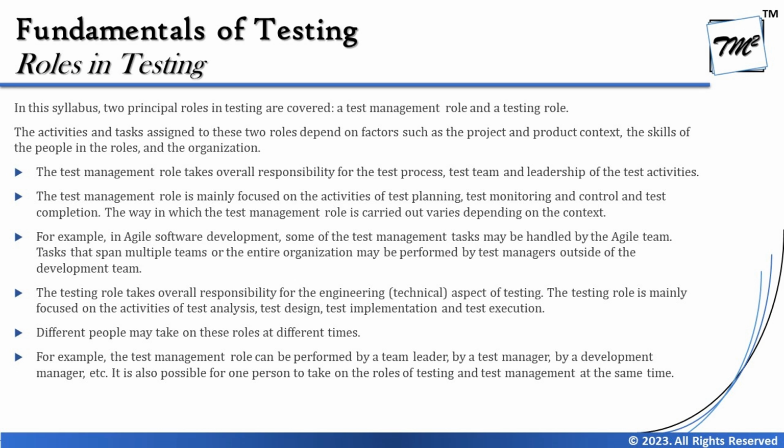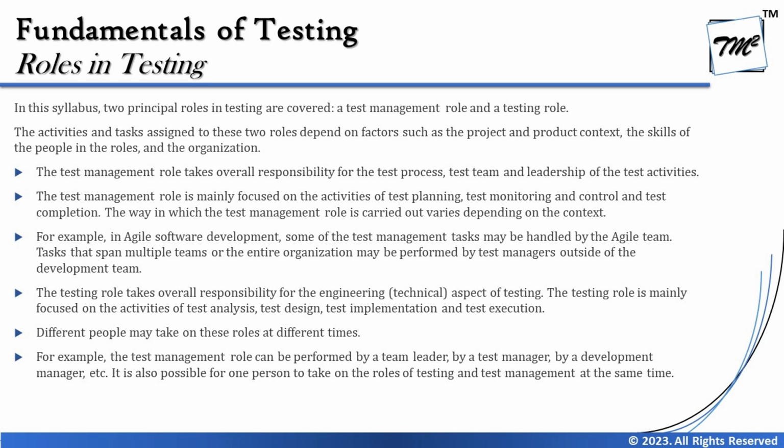For example, in agile software development, some of the test management tasks may be handled by the agile team. The tasks that span multiple teams or the entire organization may be performed by test managers outside of the development team, right? Now, on the other hand, if I talk about the testing role, it takes overall responsibility for the engineering, which is the technical aspect of testing.